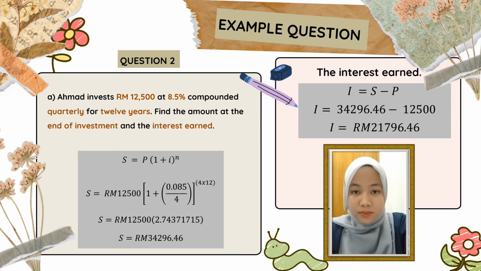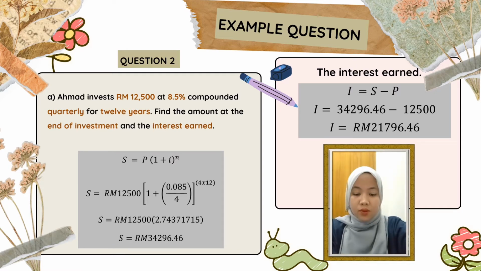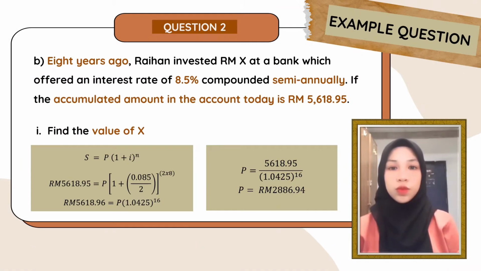So the final answer is RM34296.46. Next, the interest earned is I equals S minus P, 34296.46 minus 12500. So the final answer is RM21769.46.